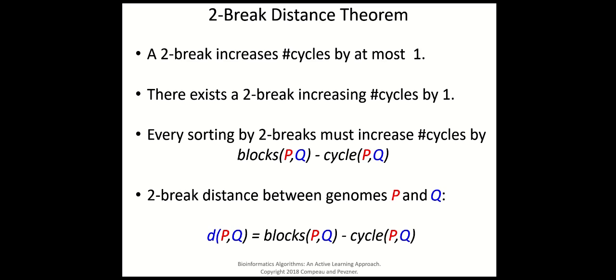So, the two-break distance between the genomes P and Q is equal to blocks PQ minus cycle PQ.